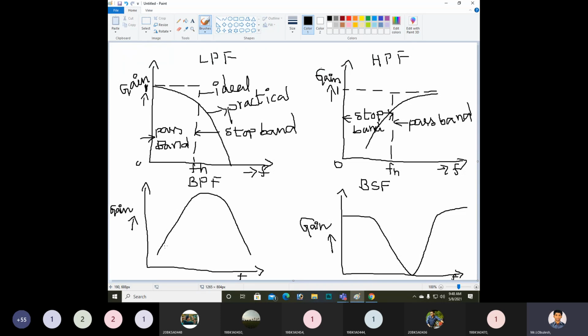Next, band pass filter. See, this is the cutoff frequency. From this we need to take unity gain.